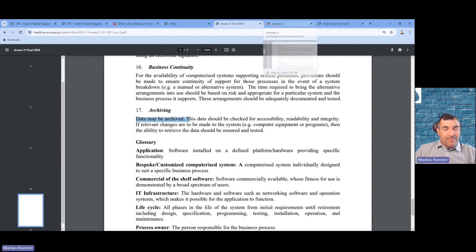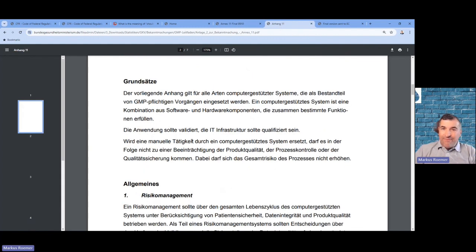Sometimes it gets a little bit more complicated. I do this session in English, but there's also the German translation of Annex 11 provided by the governmental institution in Germany, the Bundesgesundheitsministerium. And there you see: the application should be validated. Should has a slightly different meaning in German, but again, here I would read the German sollte also as a must.